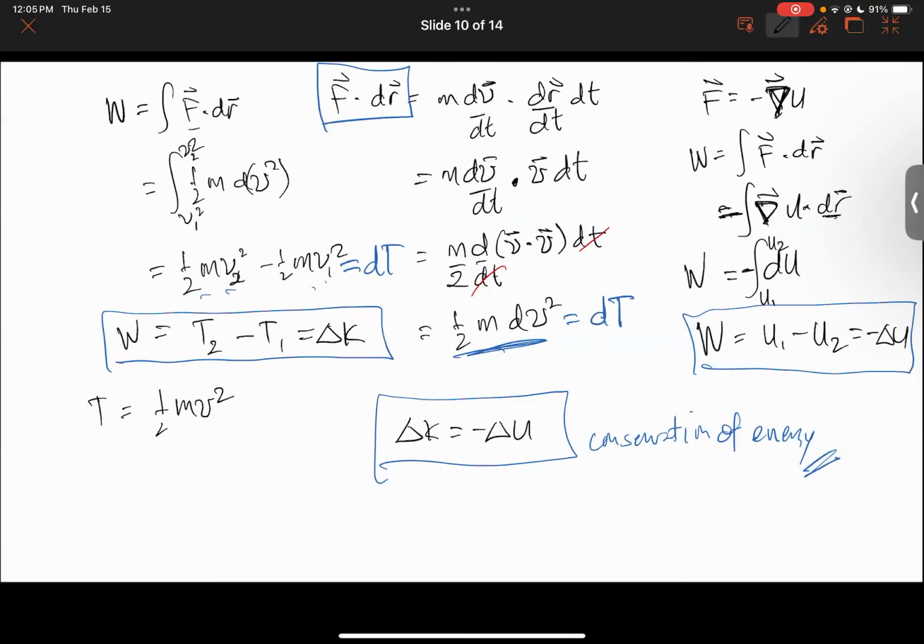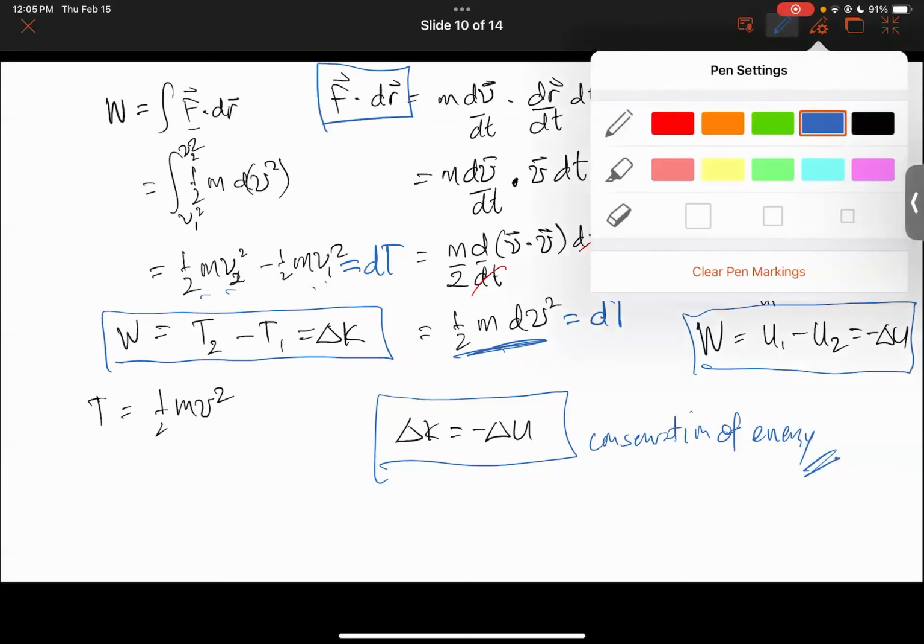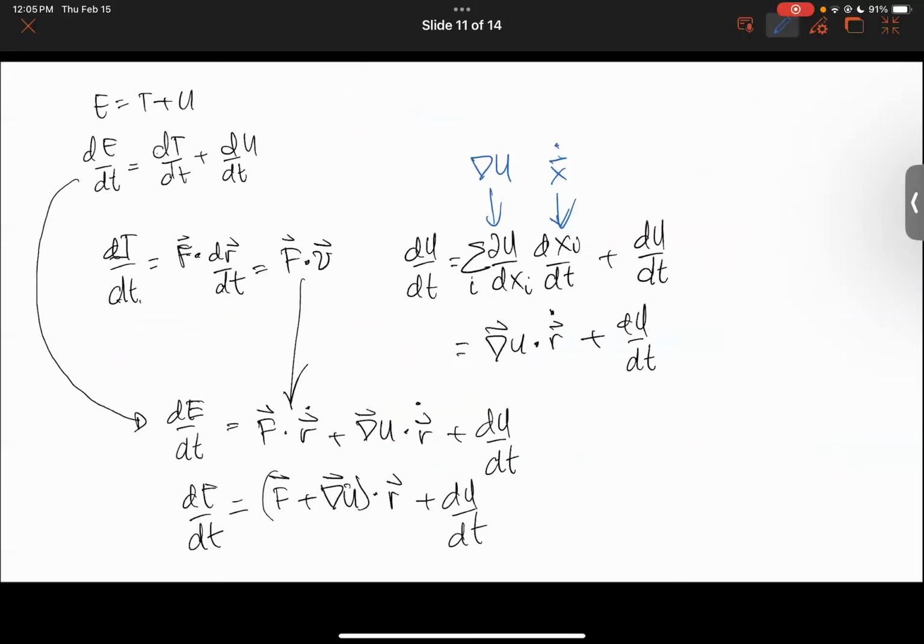Remember that F is equal to negative del u here. So this becomes 0. And if u is constant in time, then this is also 0.